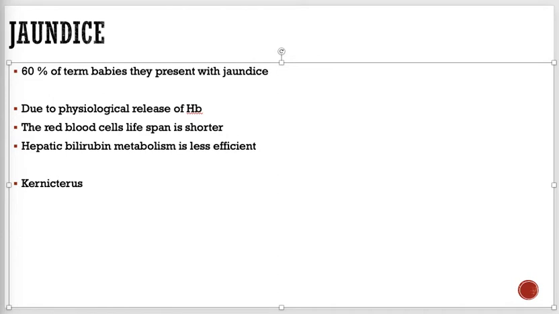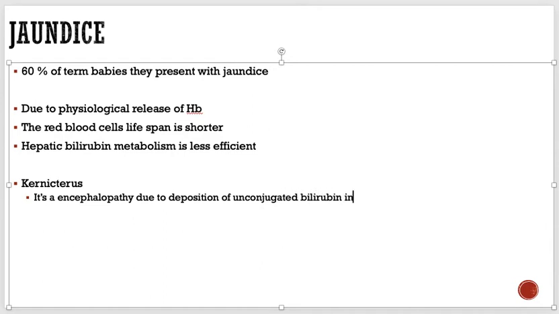So simply, kernicterus is encephalopathy due to deposition of unconjugated bilirubin in the brain at different sites, for example, the basal ganglia, or different nuclei in the brain.